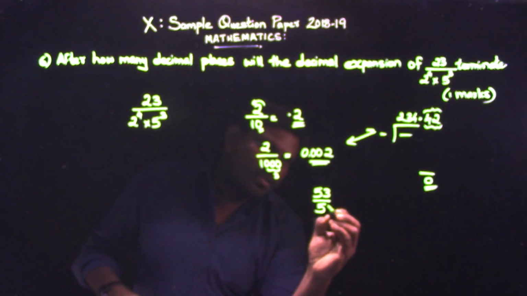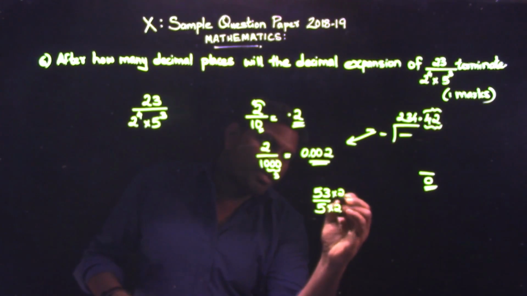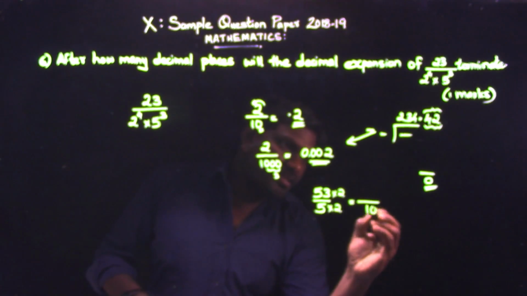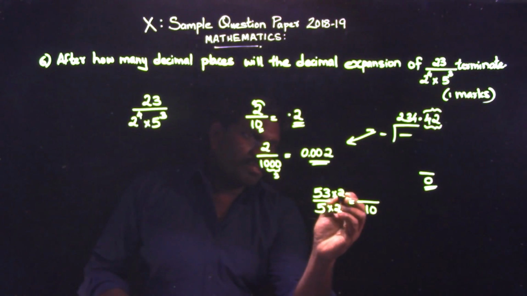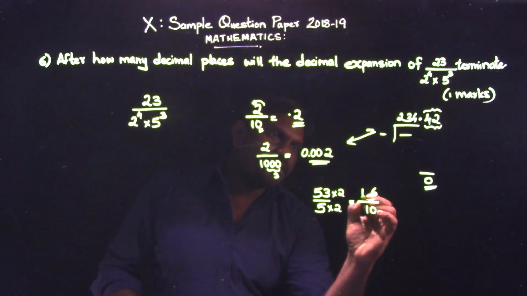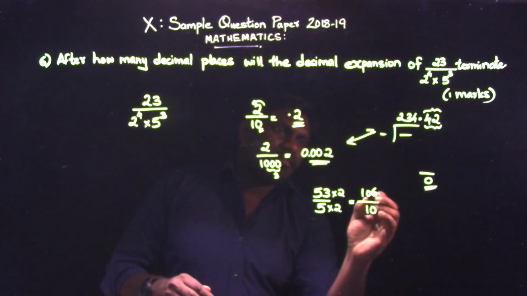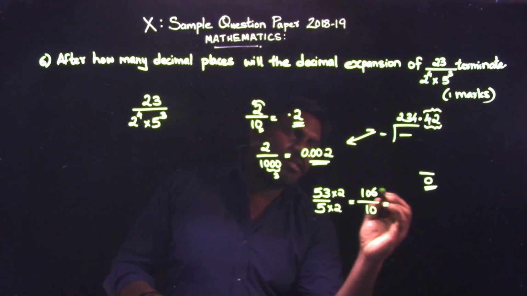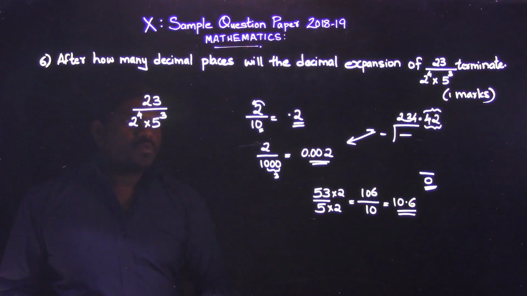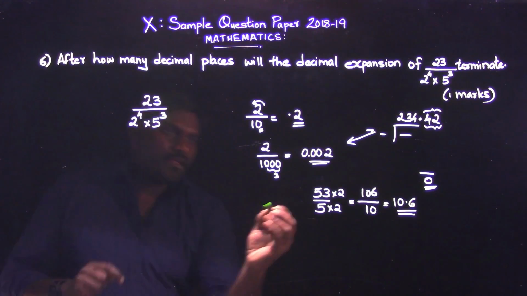So I tell them to multiply both sides by 2, so that I get a 10 here. 2 into 3 is 6, 2 into 5 is 10, that becomes 106, then divided by 10, one place to this side, so 10.6. Fine.